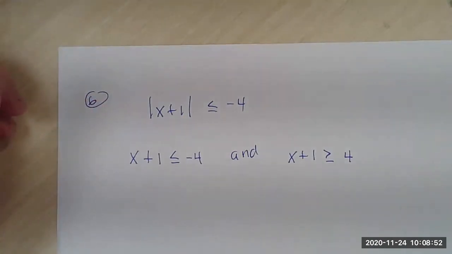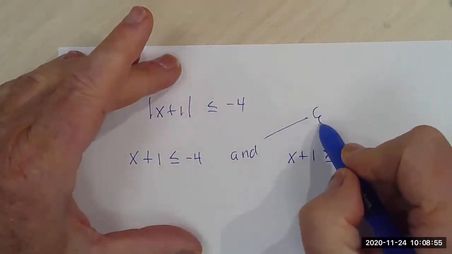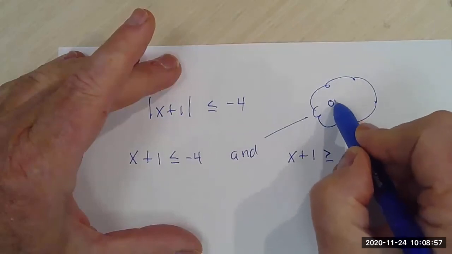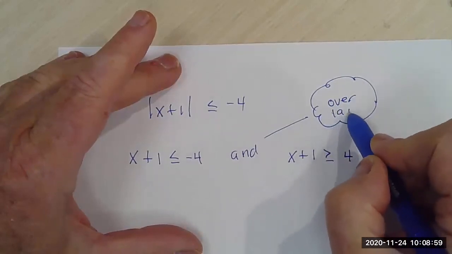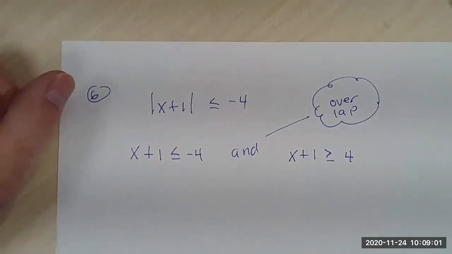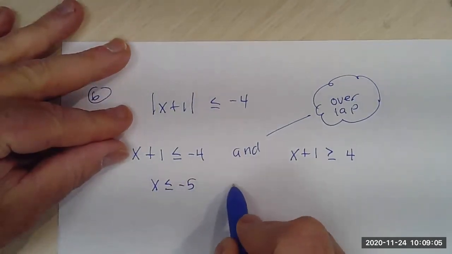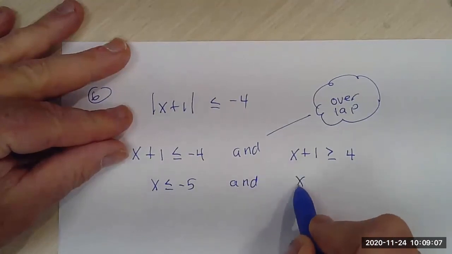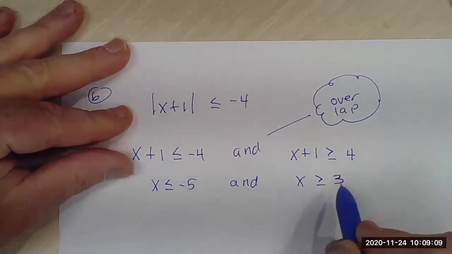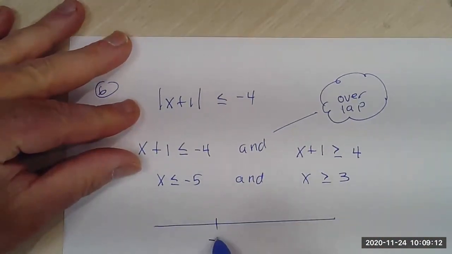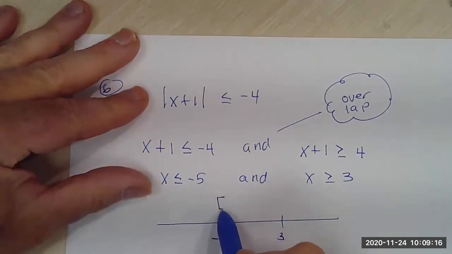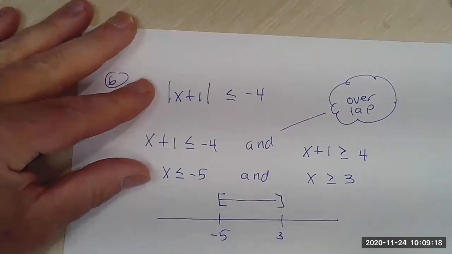So overlap. I'm just thinking overlap when it comes to the graph. Okay, solve. Graph. Overlap. Most of you say, well, I'll just do this instead of the 2 graphs.